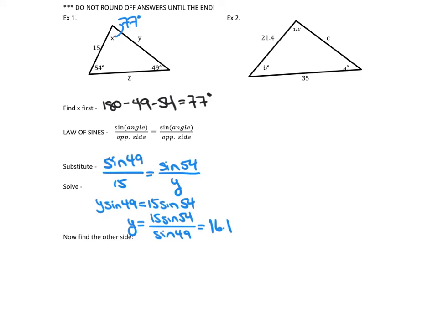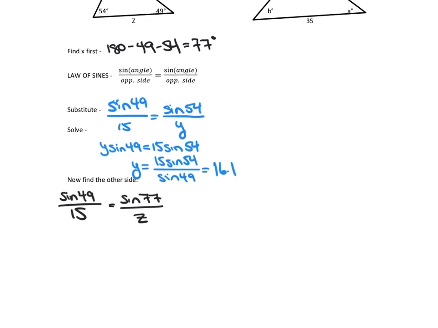To find the other side, we're still going to use the ratio of the sine of 49 over 15, but this time to find z, we'll use the sine of 77 and that opposite side z. We'll cross multiply again and get z sine of 49 equals 15 sine of 77 degrees.